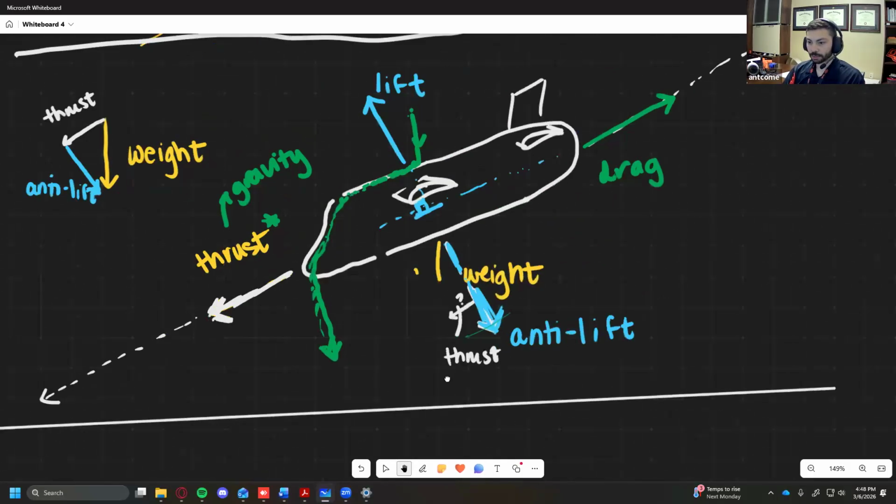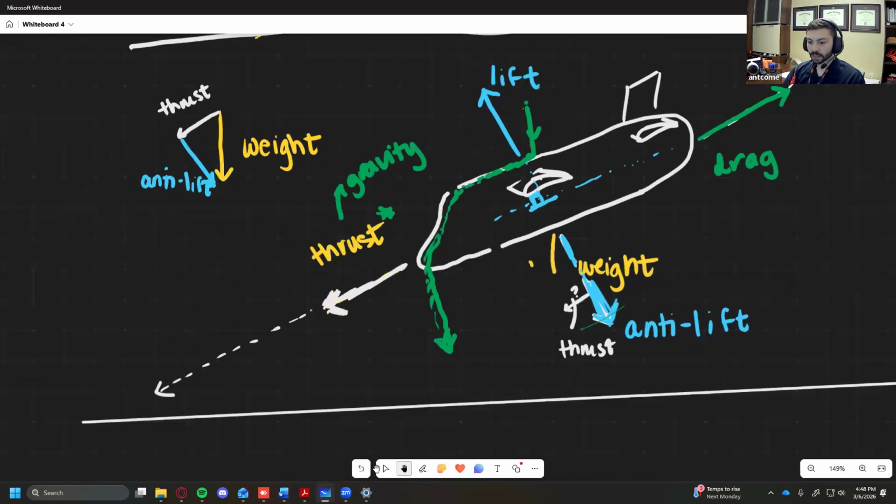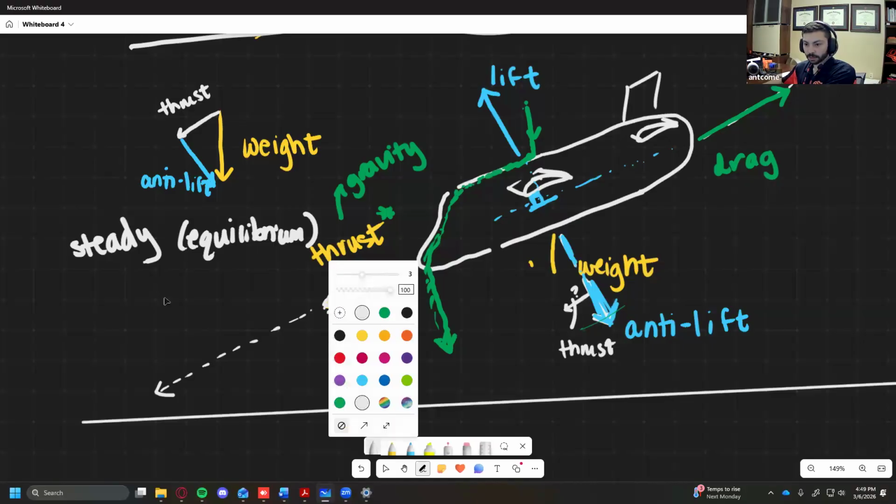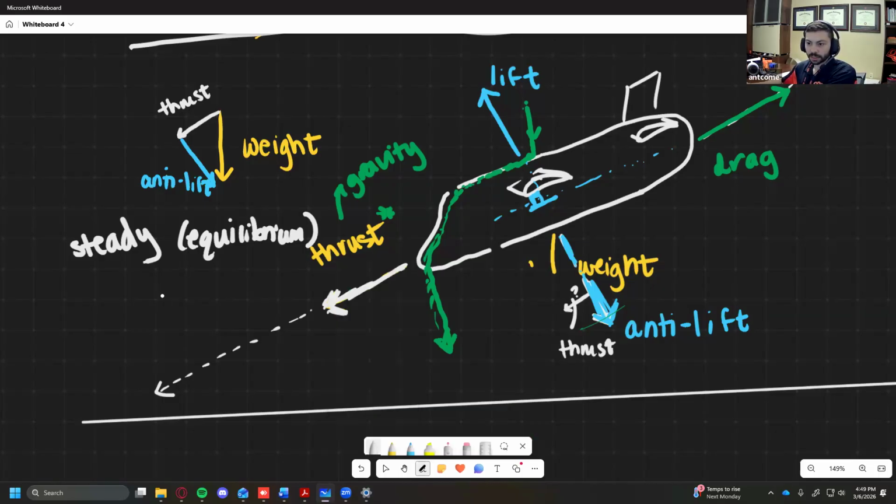All right. So one last thing to just recap this. As you guys remember from your statics classes, we really want to have a steady, or a term you guys probably remember, equilibrium condition. And in order to achieve an equilibrium condition, we need these forces to balance.